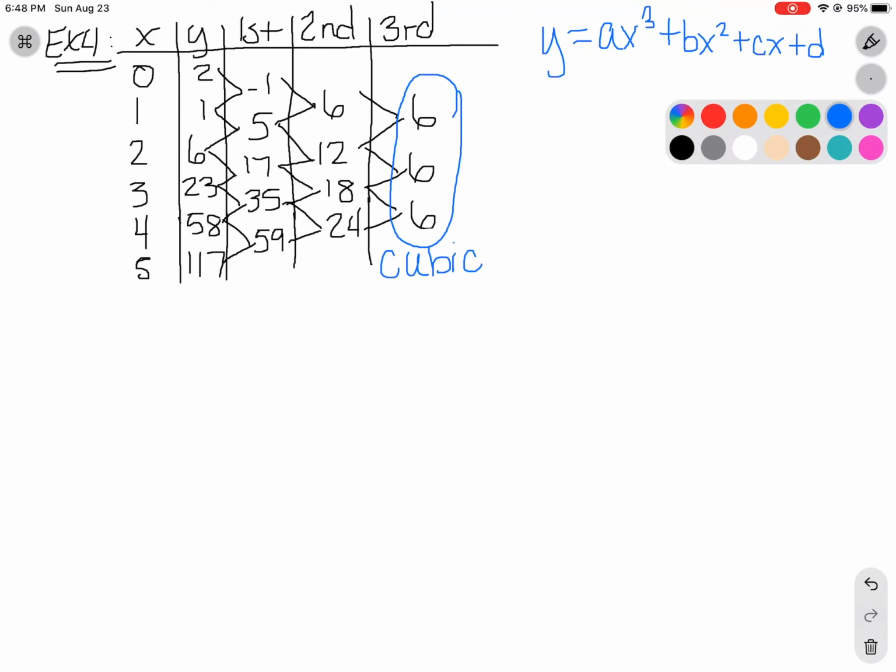So our goal here is we want to find A, B, C, and D to fill in those numbers, and then we'll have the polynomial that satisfies all of these ordered pairs. And by ordered pairs, I mean that, remember I said 0, 2, 1, 1, they're all points on this graph.